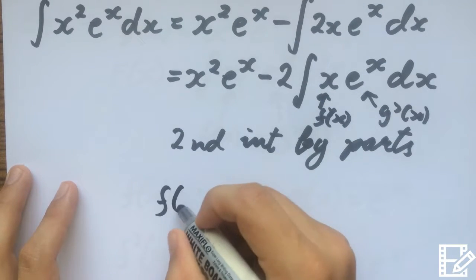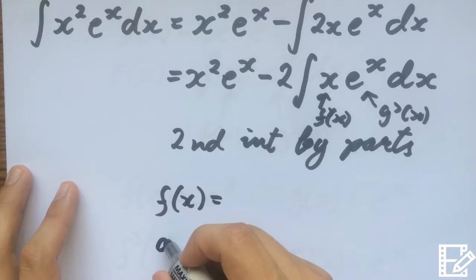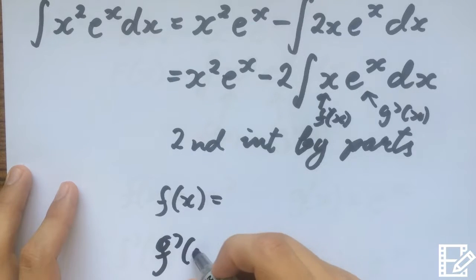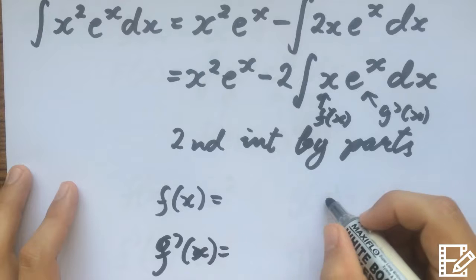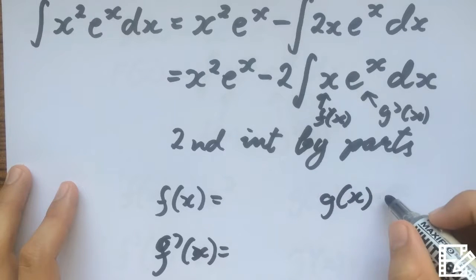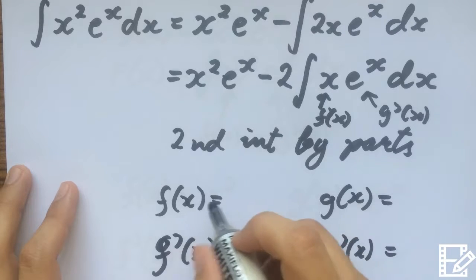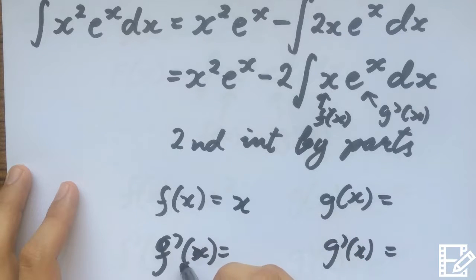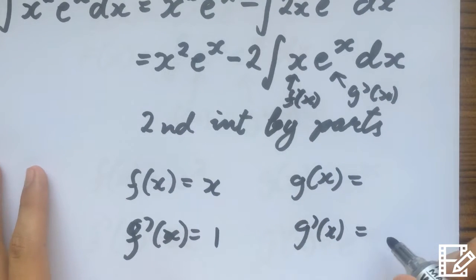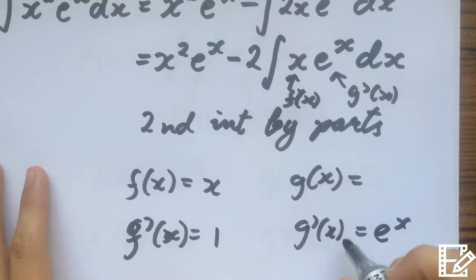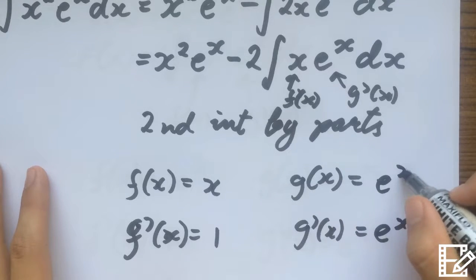So we have f(x) and f'(x), and we need a g(x), and we have our g'(x). f(x) we're going to call x, the derivative is 1. We have g'(x) as e to the x, so g(x) is e to the x.